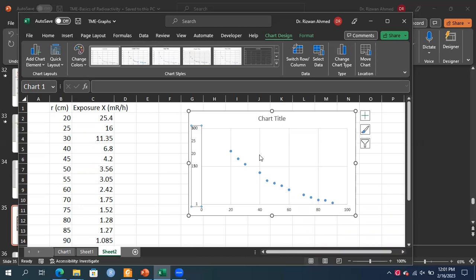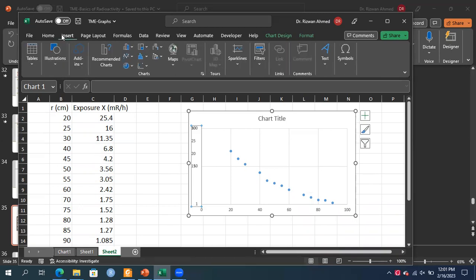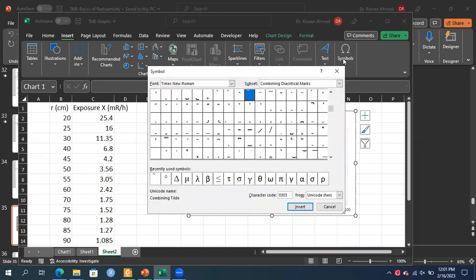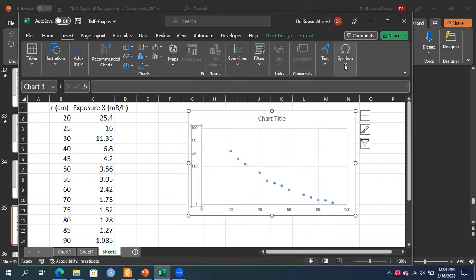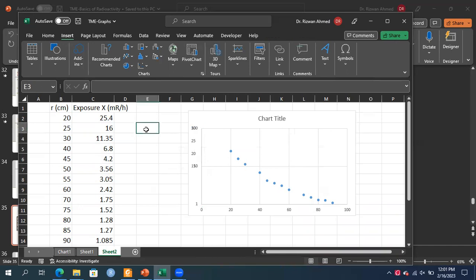Right? So if I assume that a straight line fits here, then the equation behind this, not the symbol, the equation, can be inserted here.